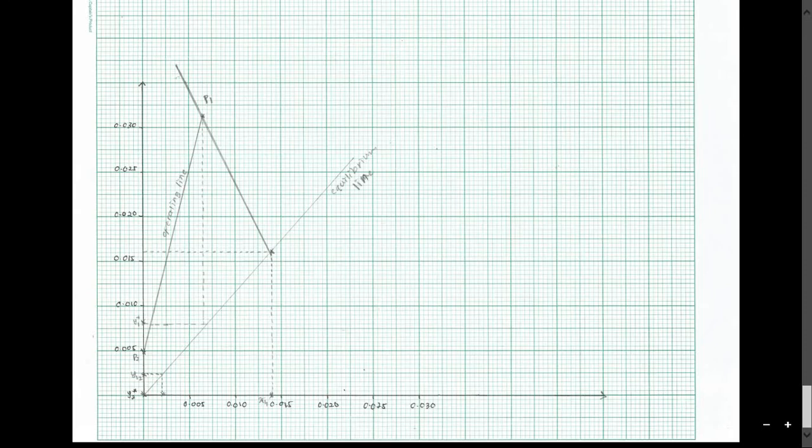From P1 just drag the line to the equilibrium line and go to the left, and we will get the value for y1 star and for y2 star. From point 2 we go to the line, and this is the value for y2 star, which is 0.